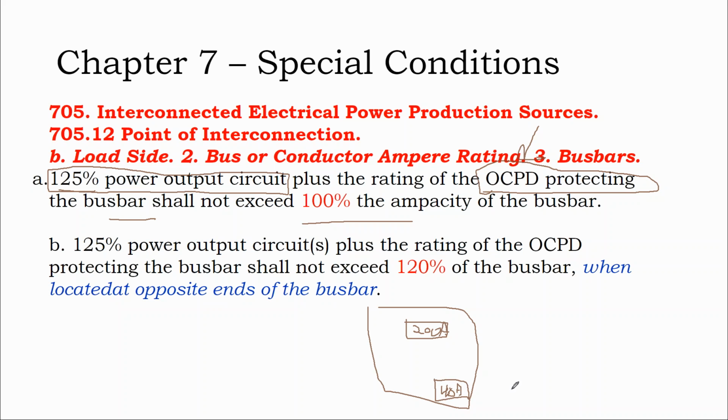And the thing is, even though it's 125% of the power output circuit, here's your solar inverter, and here's your output circuit, and you're sizing it to be 125% of this output. So it's like the ampacity of the cable, but then you're just rounding up to the nearest breaker.